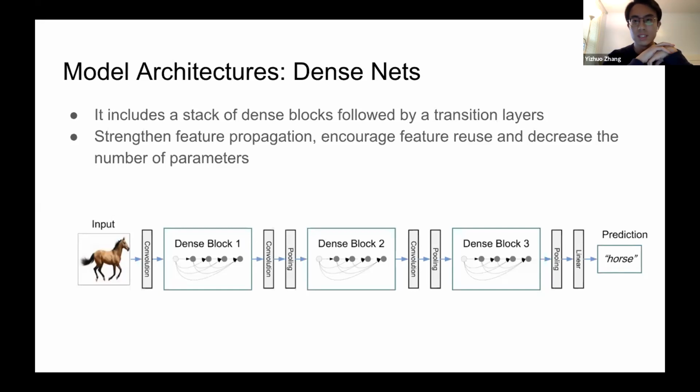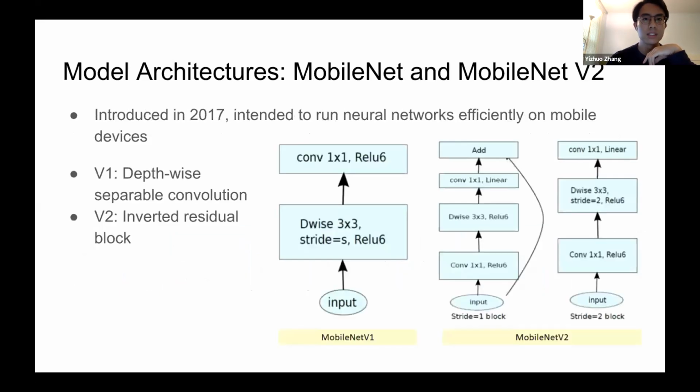You can see in the graph, it illustrates the idea. It strengthens feature propagation, encourages feature reuse, and decreases the number of parameters. I think it was designed mostly for image classification. And feel free to try it.